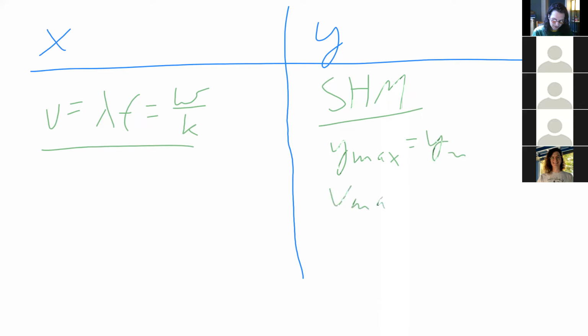And then remember the maximum velocity from simple harmonic motion was a times omega, where a was the amplitude. So now our amplitude is y max times omega. And your maximum acceleration in the y direction will be y max times omega squared. Those are just the simple harmonic motion maximum functions.